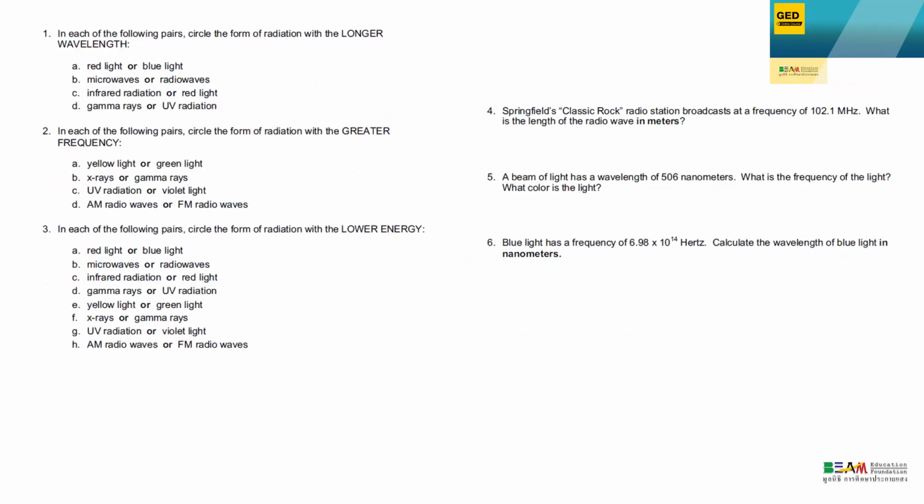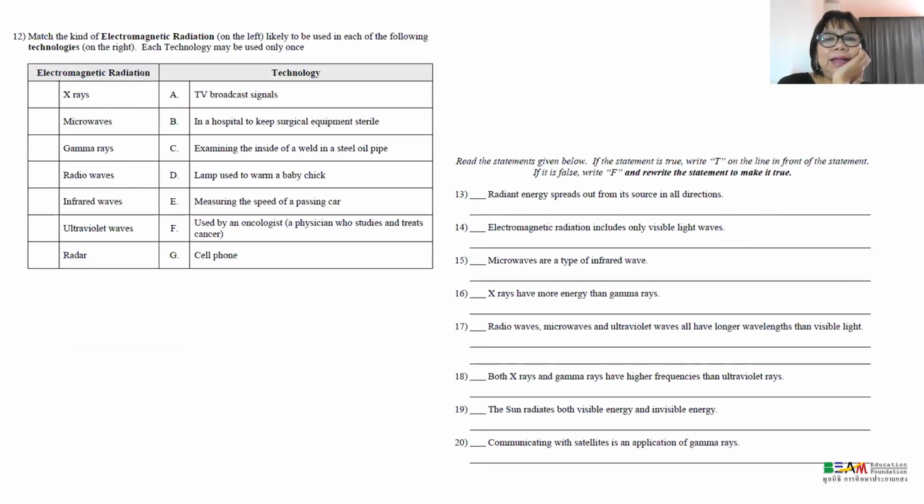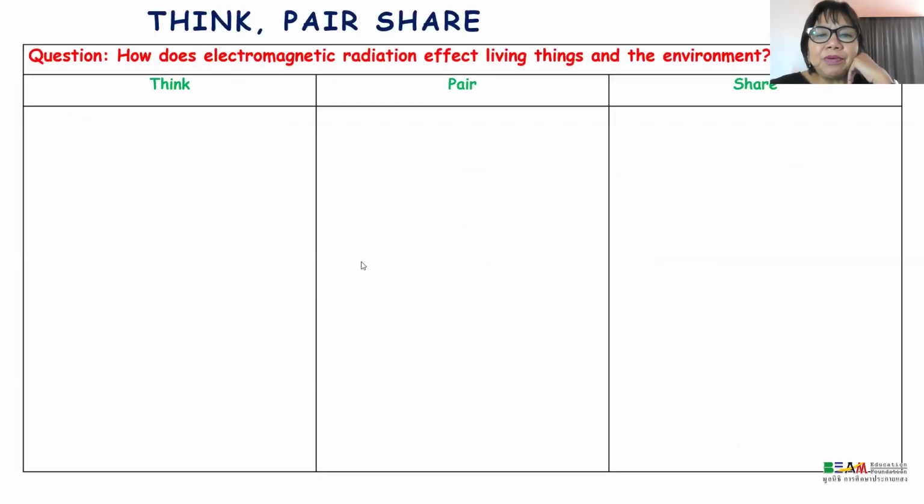Can you go back? Yes, it was too fast. This one, got it. And the last one. So like I said, if we have time, you will be doing it in the breakout room. Otherwise, you will do this as a checkpoint for the electromagnetic spectrum as homework. Okay, right. Let's move on.